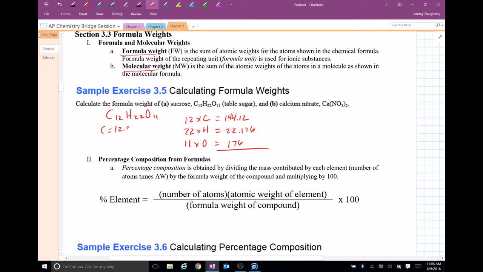Hydrogen is 1.008, and oxygen is 16.00. Then I just add all those up, and I get a value of 342.296.